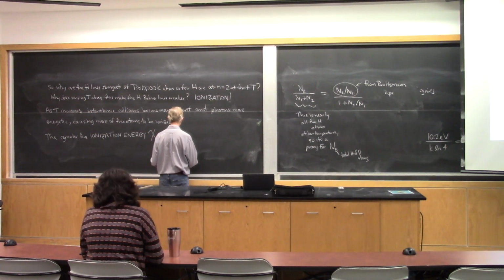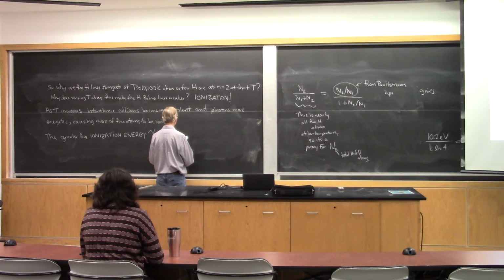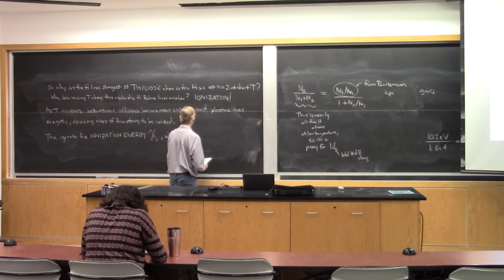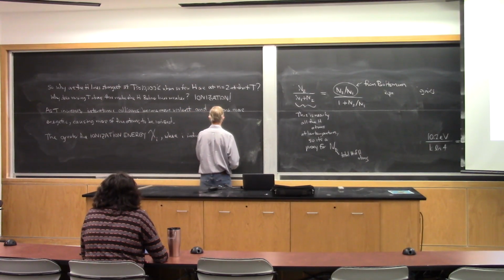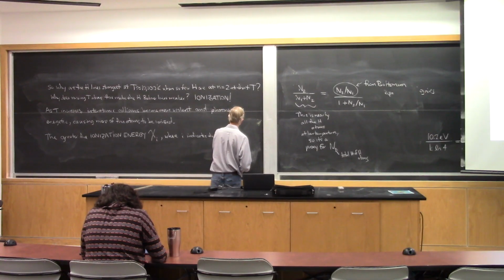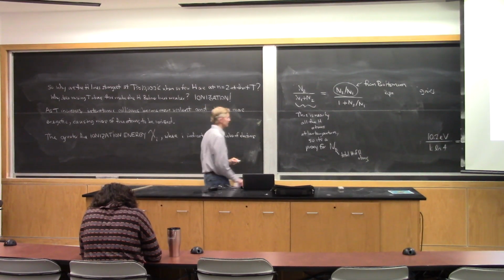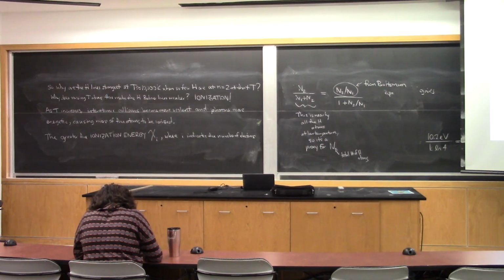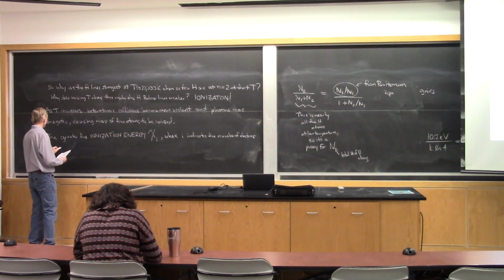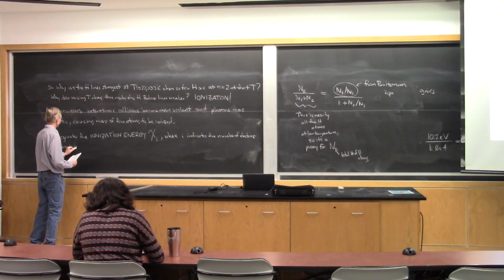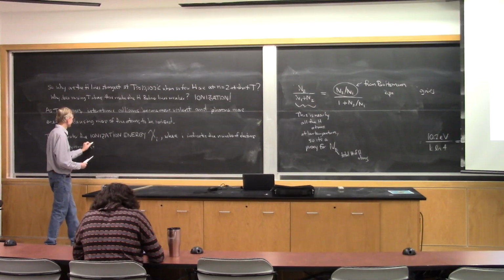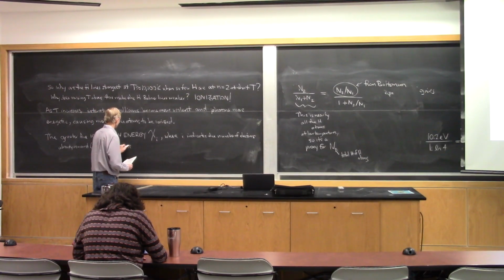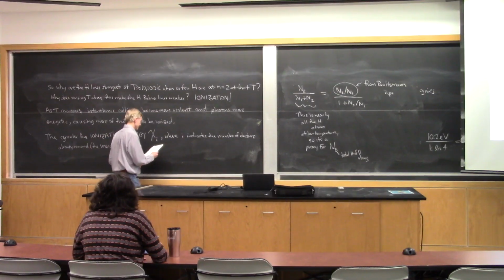The greater the ionization energy, where I indicates the number of electrons that have already been removed, and because we're astronomers, we'll eventually use Roman numerals to represent I. That's called the ionization stage.